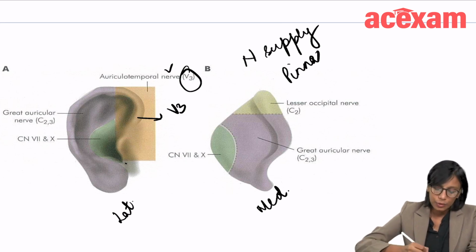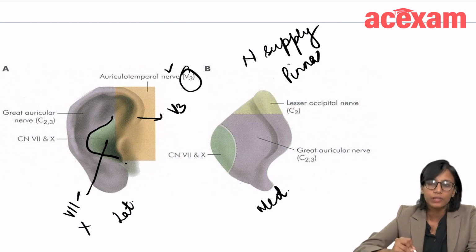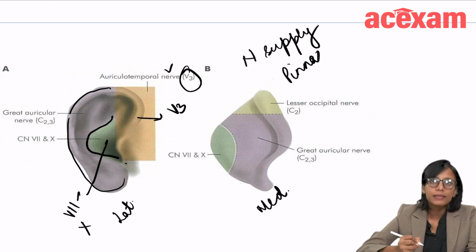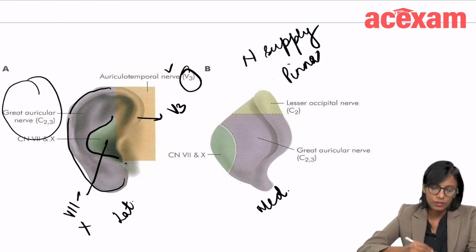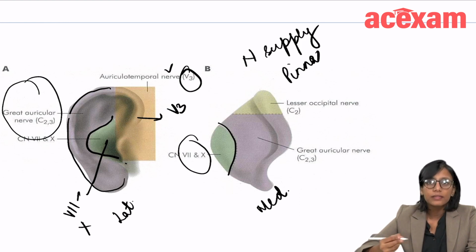Now this inside part, the conchal bowl, is supplied by the 7th and the 10th nerve. Now the majority of the Pinna is supplied by greater auricular nerve. Now we come to the medial surface. The inner part is supplied by the same 7th and the 10th nerve.